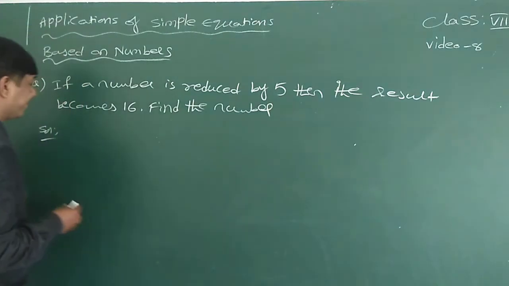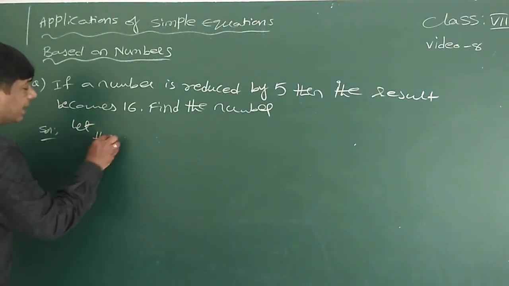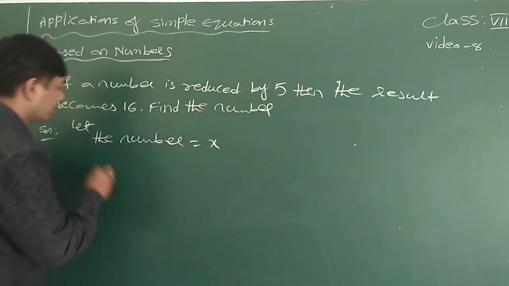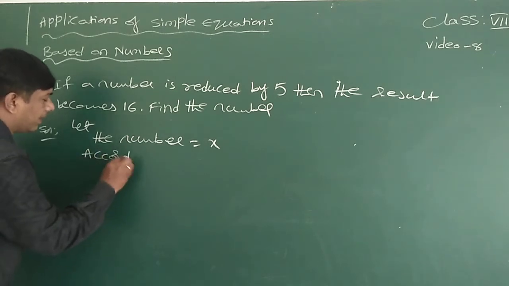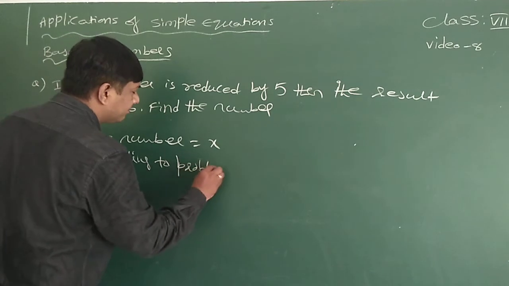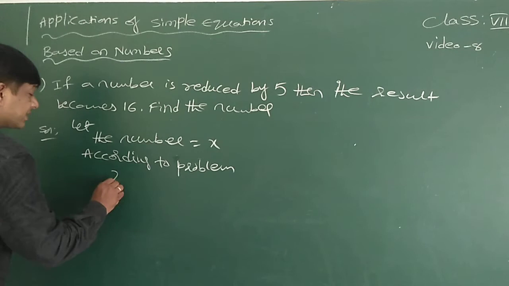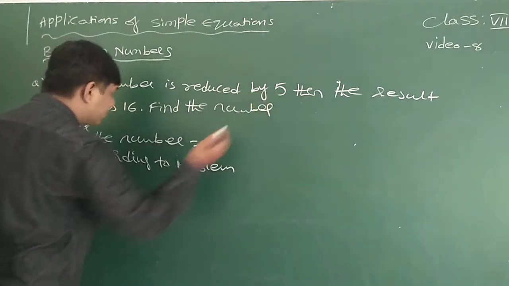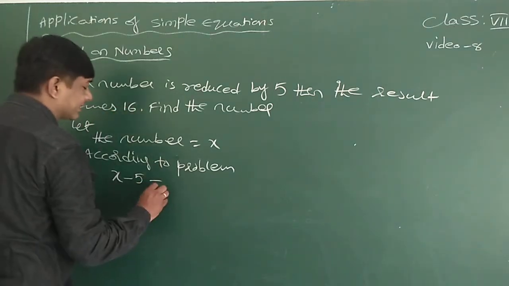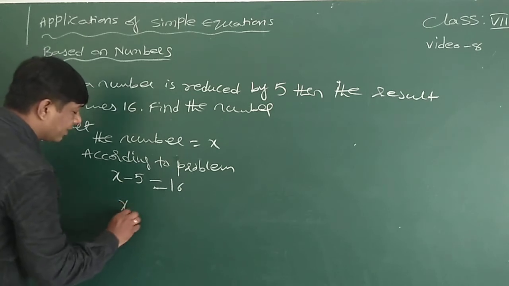If a number is reduced by 5, then the result becomes 16. Find the number. Let us assume the number is x. Now according to the problem, this number is reduced by 5, means minus 5, is equal to the result 16. So x minus 5 is equal to 16.